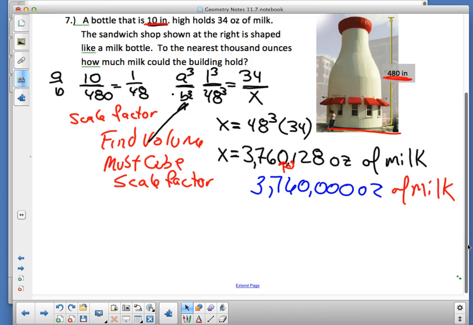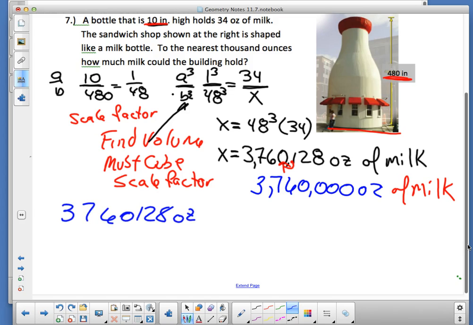So let's get this million ounces down. We're going to take these 3,760,128 ounces of milk, and multiply by the fact that 1 gallon is equal to 128 ounces. If you could do this on your calculator, ounces are gone and I'm looking at gallons.